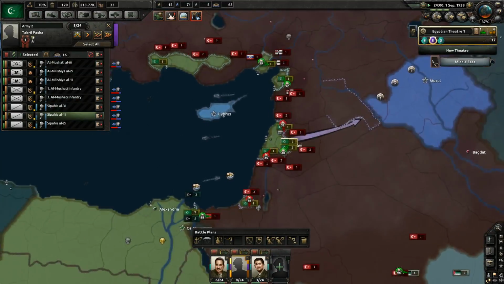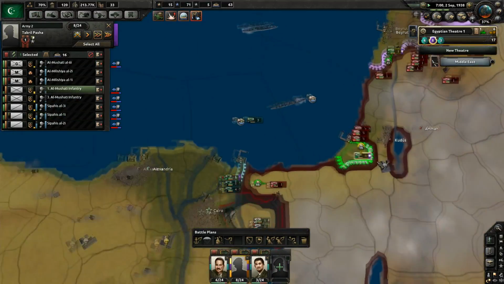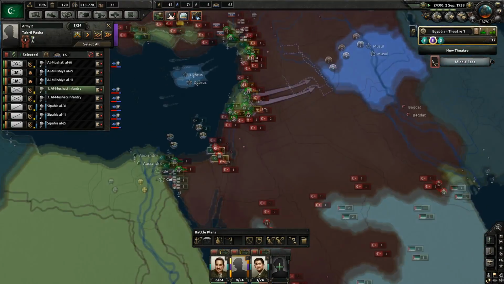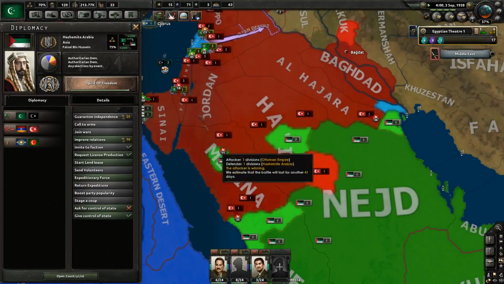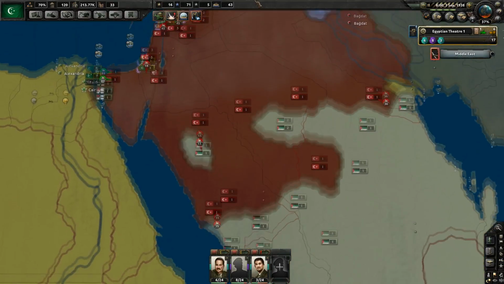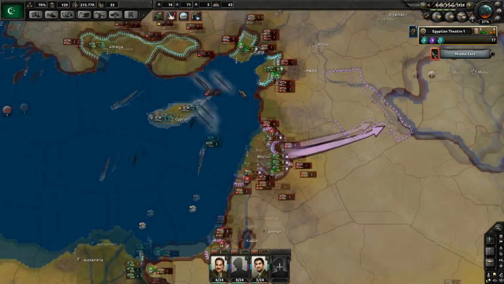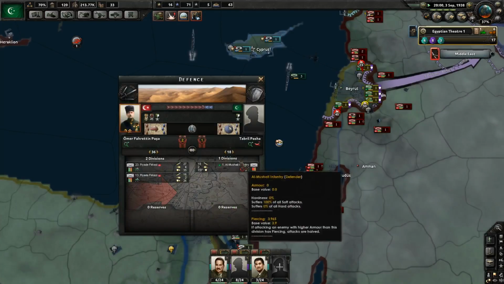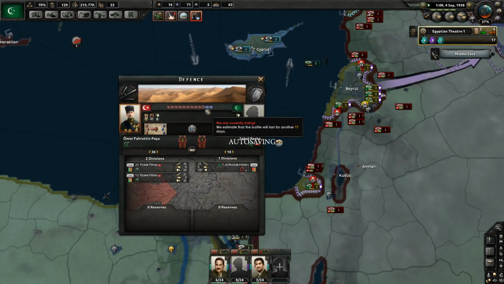The rest really isn't full of too many choices. You can either have more or less degree of control over the Ottomans, more or less degree of control over the Nile River Basin in Africa, and you can have more or less control over Libya. That's basically about it. You cannot change your ruler from Abbas II to anybody else.